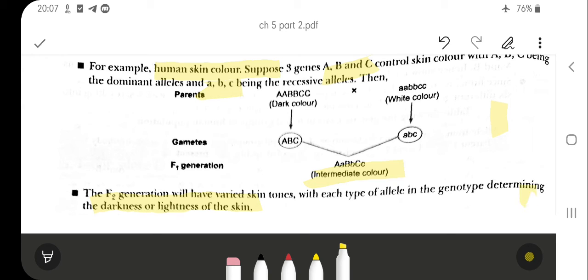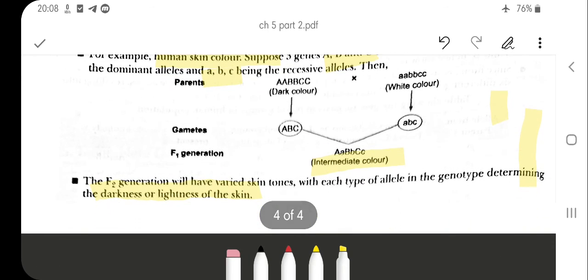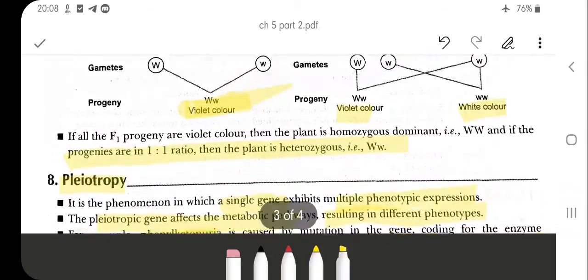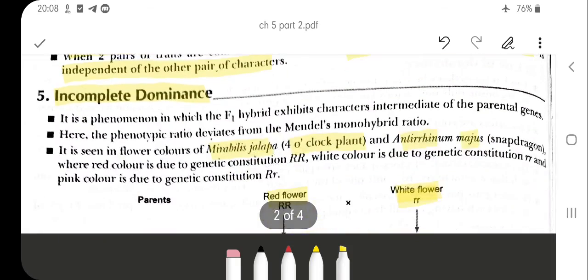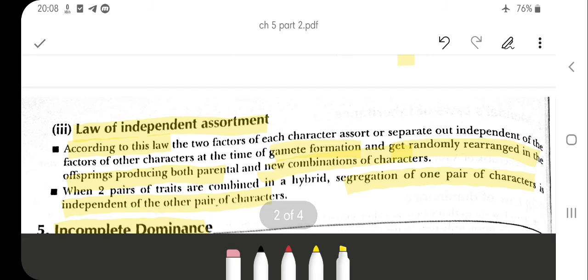So with this, we have discussed the various inheritances: the monohybrid, the dihybrid, and the 3 laws of Mendel, that is the law of dominance, the law of segregation, and the law of independent assortment.